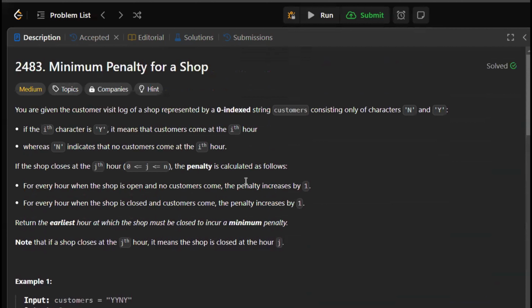Now let's understand the algorithm. To solve this problem, we have taken the first example. Here, it has 4 elements, which are Y, Y, N and Y. And we know that the index numbers of the string start from 0, 1, 2, and 3.